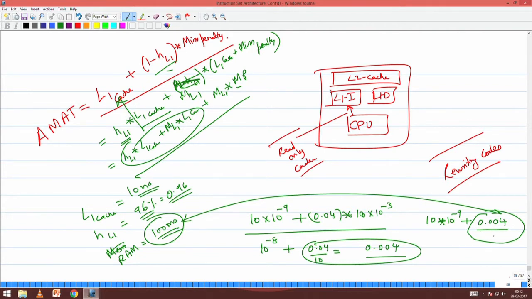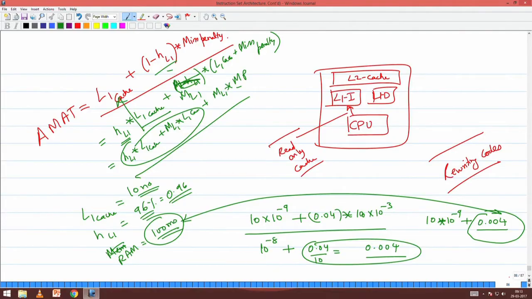So what does this teach you? This teaches us that in spite of having 96% cache hit, we are not even close to the cache access time in terms of average memory access time. Something like 0.99 or 99% is what could give us some amount of relief.